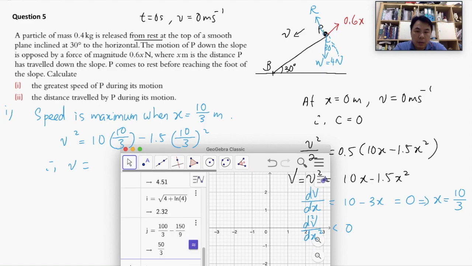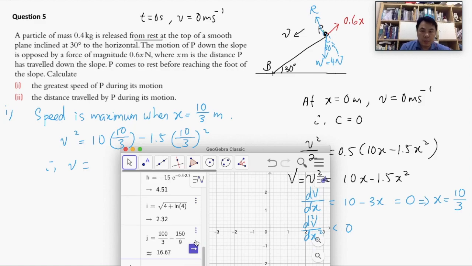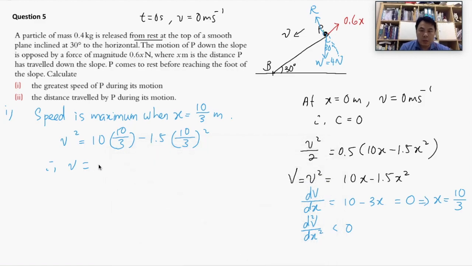Let me see, what do we have? 16.67. So 16.7 meter per second. So the greatest speed of P during its motion is 16.7 meter per second when x is equal to 10 over 3.